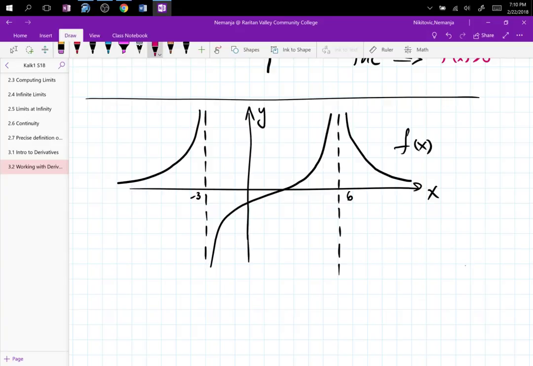Function is increasing, so the derivative also has to be positive and above the x-axis. So I'm just going to draw the piece going up right there. Now on the inside, the function is increasing all the time, so the entire derivative has to be above the x-axis, and on the last part the function is decreasing, so it better be below.